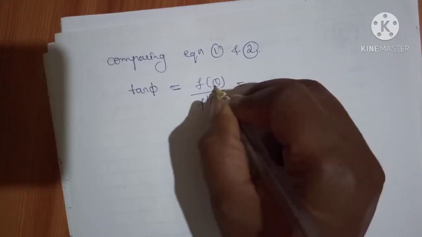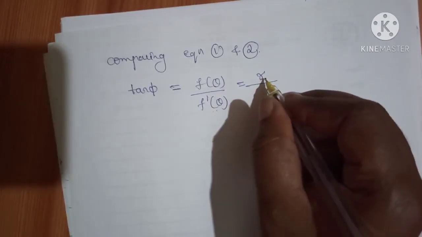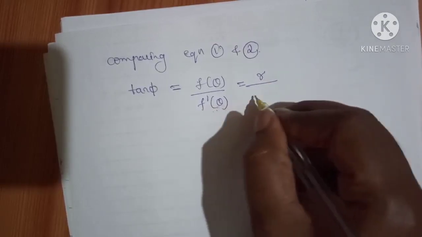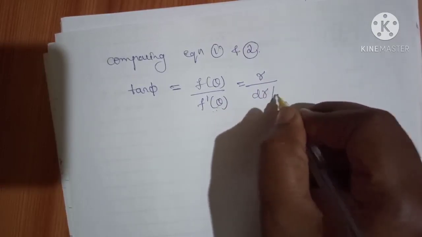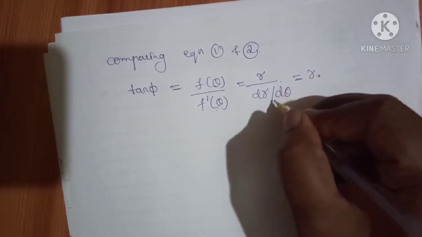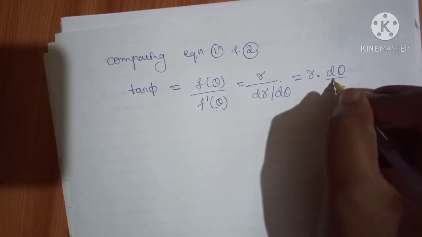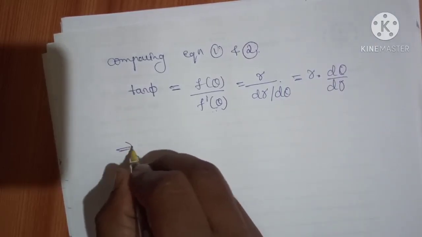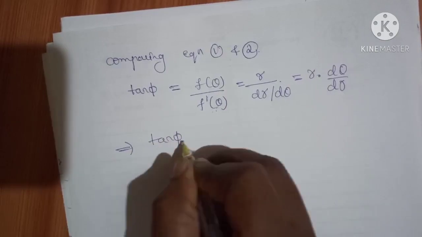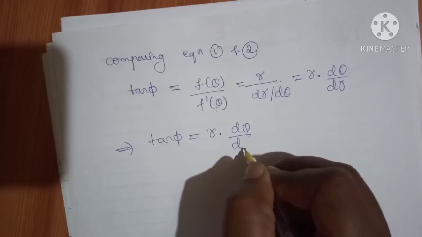F of theta is equal to r. F dash of theta means the differentiation of r with respect to theta, that is dr divided by d theta. So this can be written as r into, cross multiplying, d theta divided by dr. Thus tan phi equals r into d theta divided by dr.